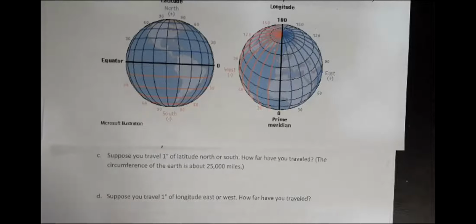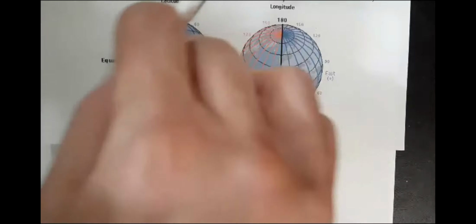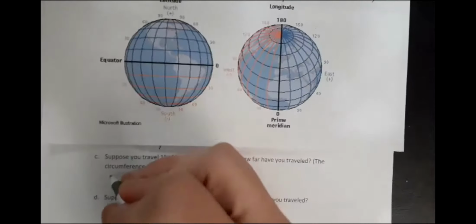So if we travel 360 degrees, we will have traveled the full 25,000 miles. So essentially what we're doing for this latitude is dividing this amount of miles into 360 degrees.